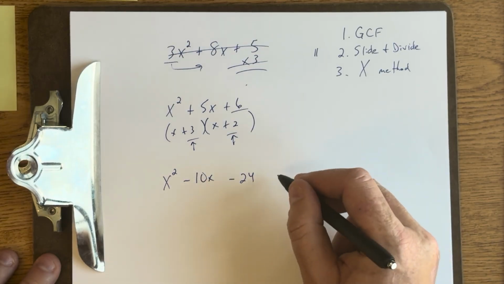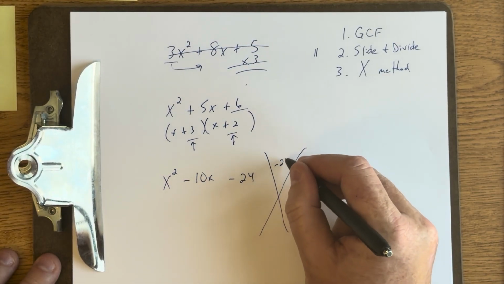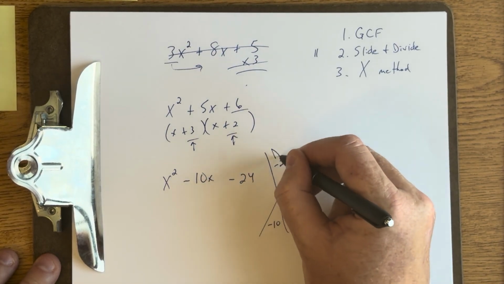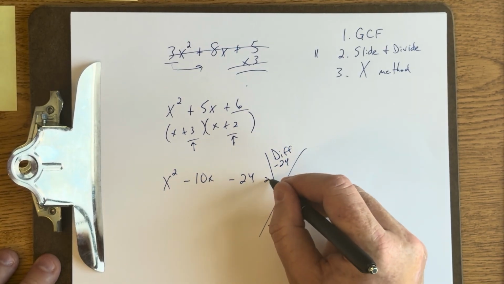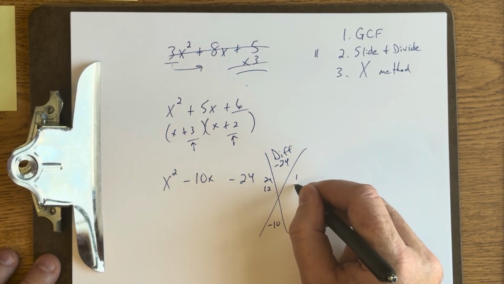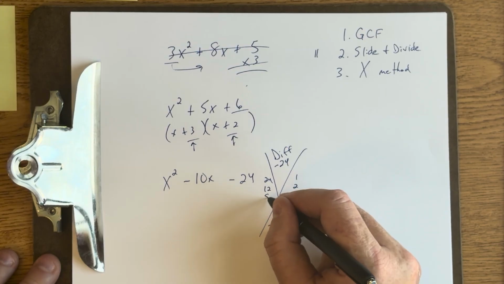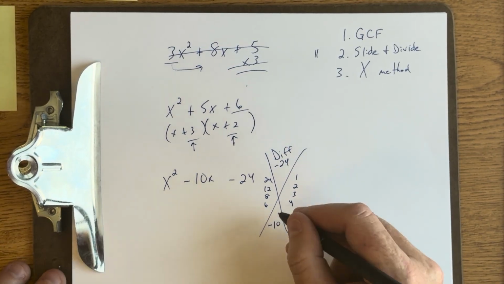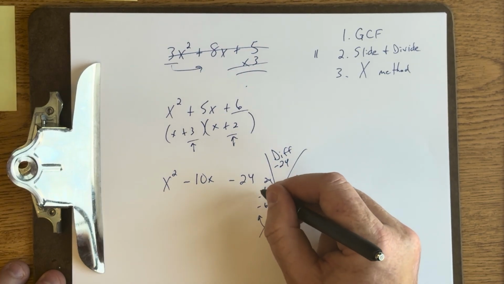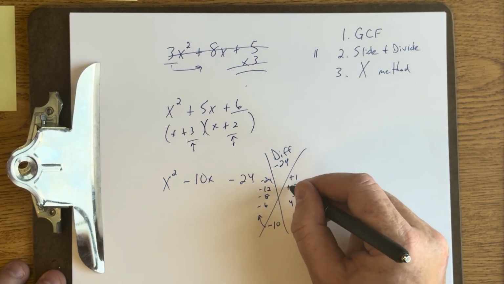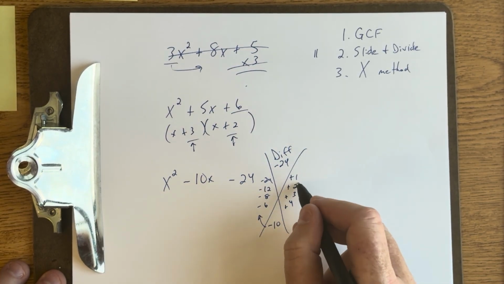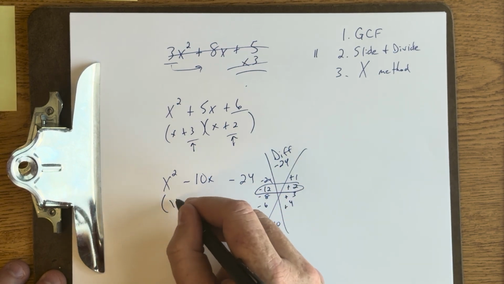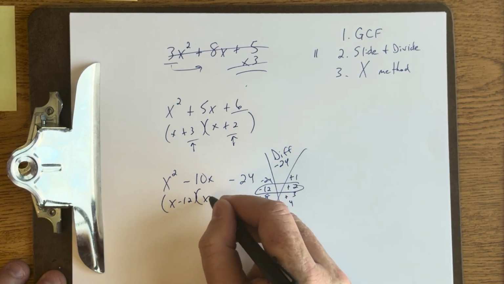If I do the box, negative 24, negative 10, this means they're going to be different. So 24 and 1, 12 and 2, 8 and 3, 6 and 4. Negative means all my larger numbers are going to be negative, which means these are going to be positive. So my combination is x minus 12, x plus 2.